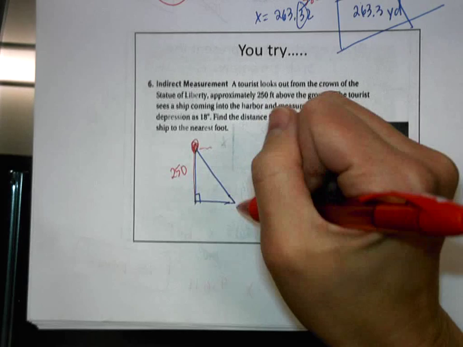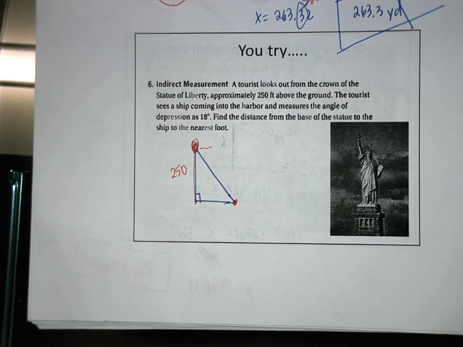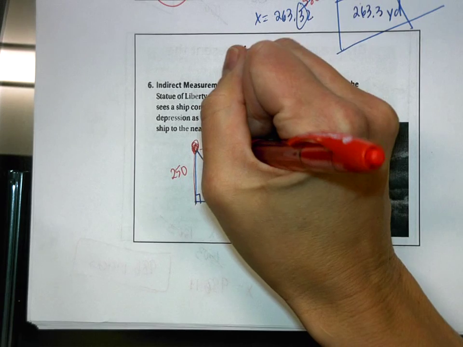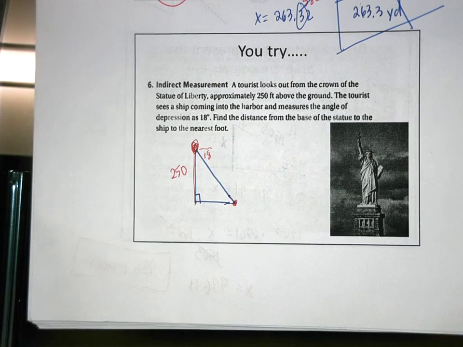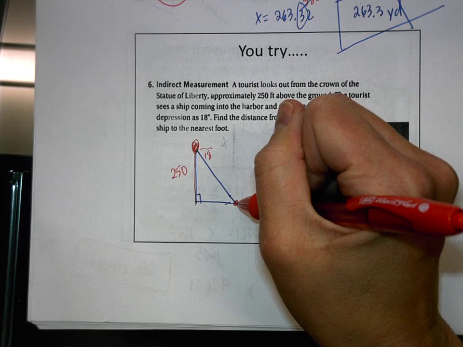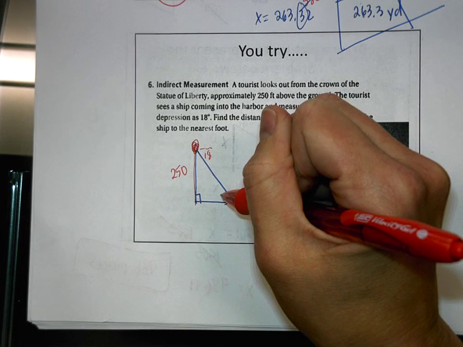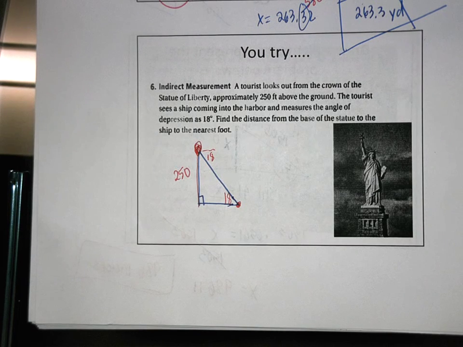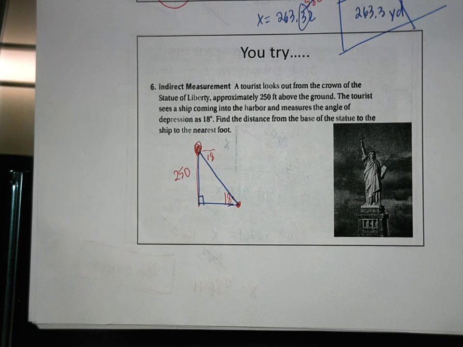This is where the ship is. So the angle of depression that she sees right there is 18. So that means that the angle of elevation from that little ship is also going to be what? 18. And again, what do we call those? They're alternate interior angles. Okay?